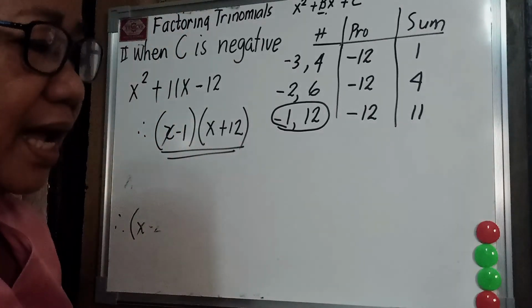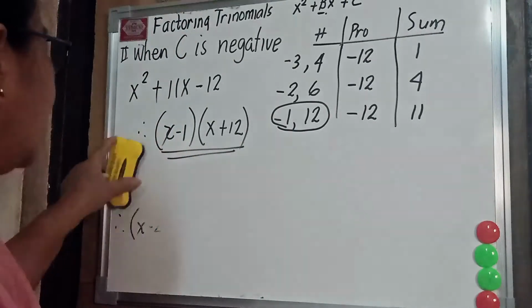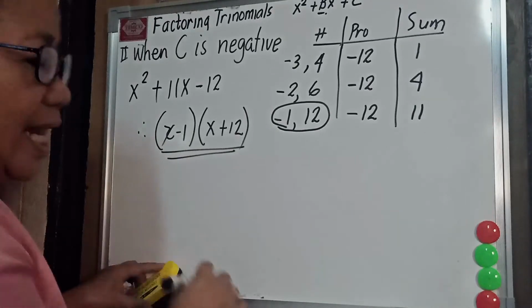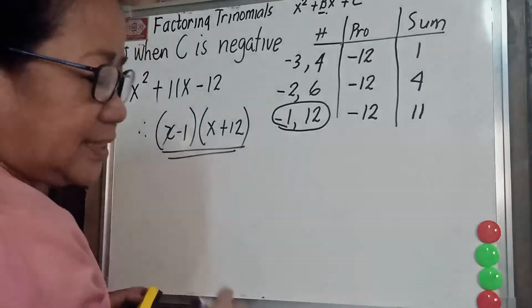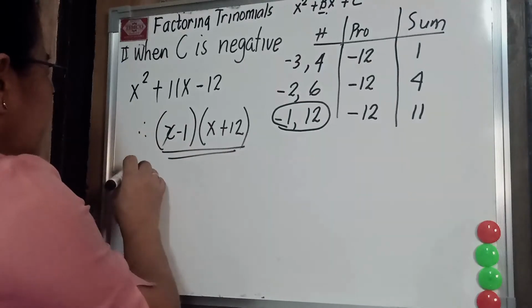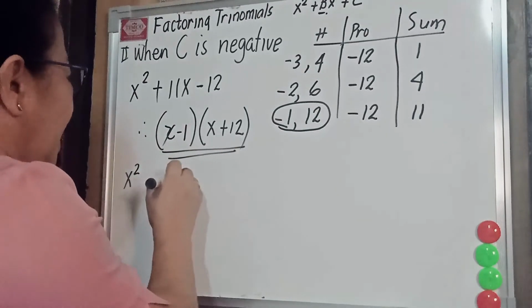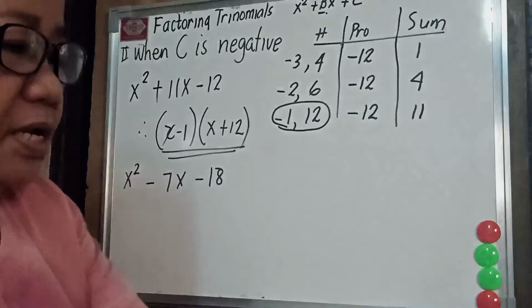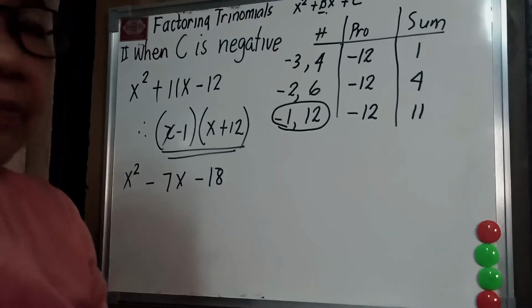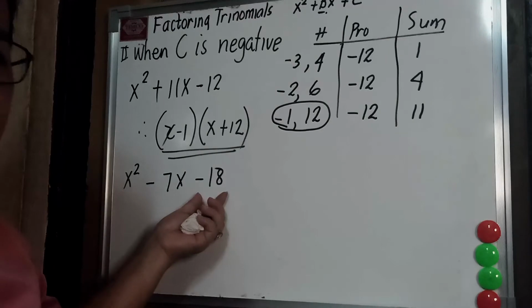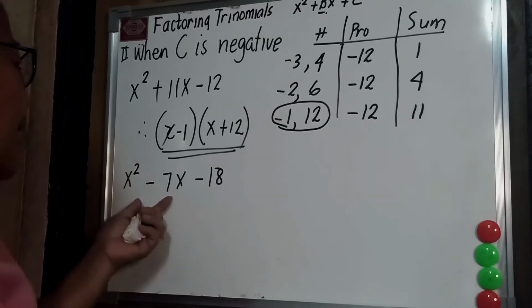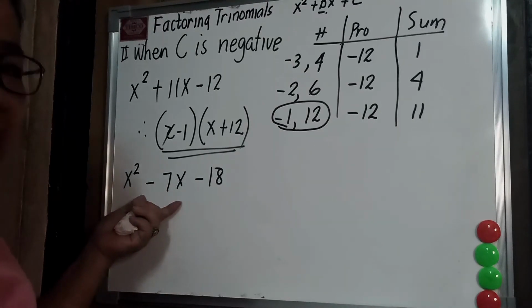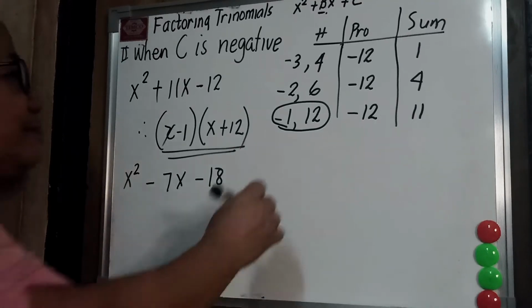So, let us have again another example. Let us have x squared minus 7x minus 18. So, our C is negative 18 and your B is negative 7. Okay?